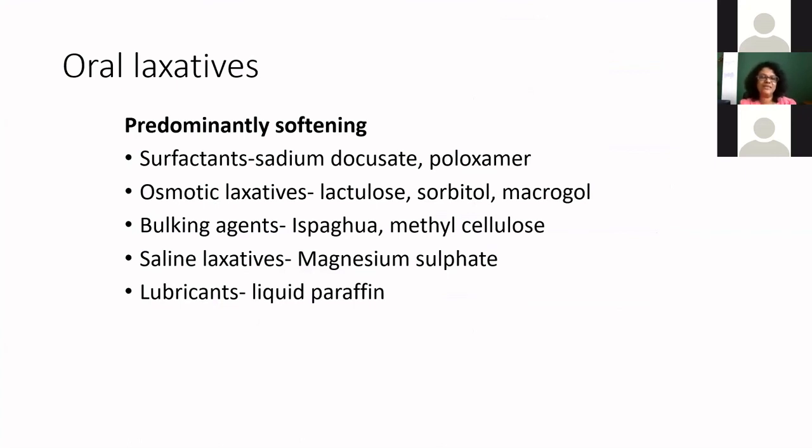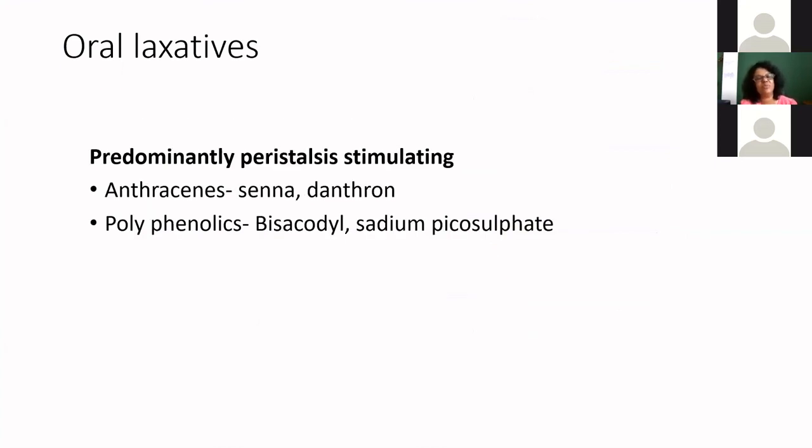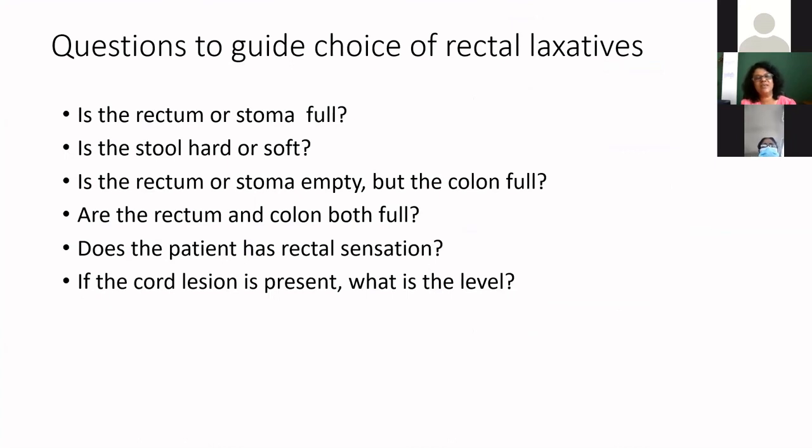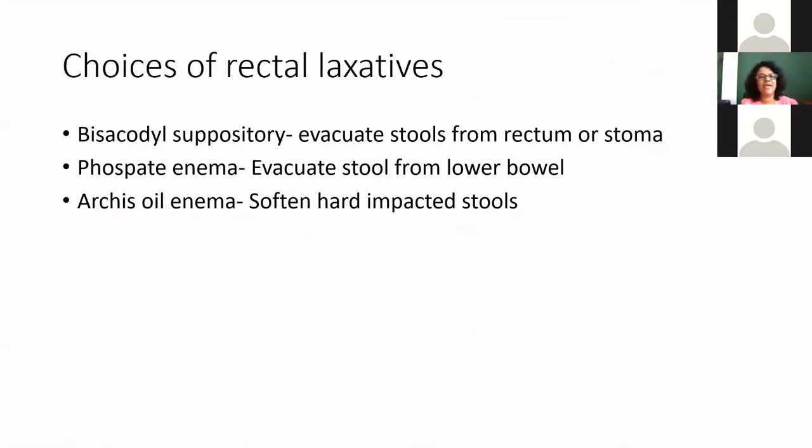Again, with laxatives, we should know which laxatives predominantly soften the stools, which stimulate peristalsis, what rectal laxatives are available, and what is the best choice for this particular patient. And the choices include rectal enemas.